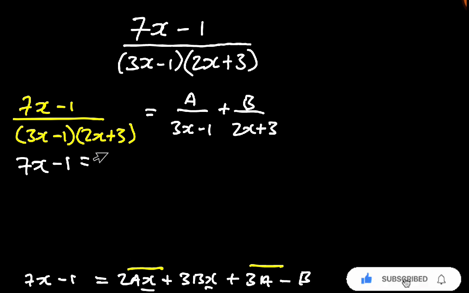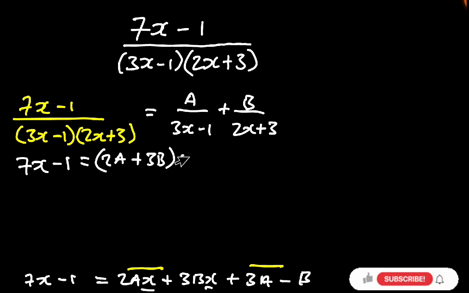We have (2A + 3B) all multiplied by x, then plus 3A minus B.